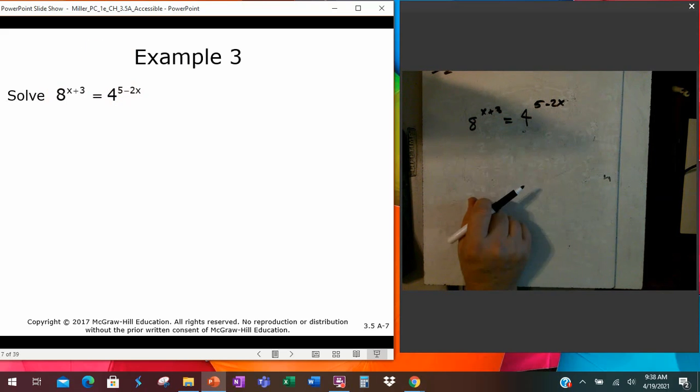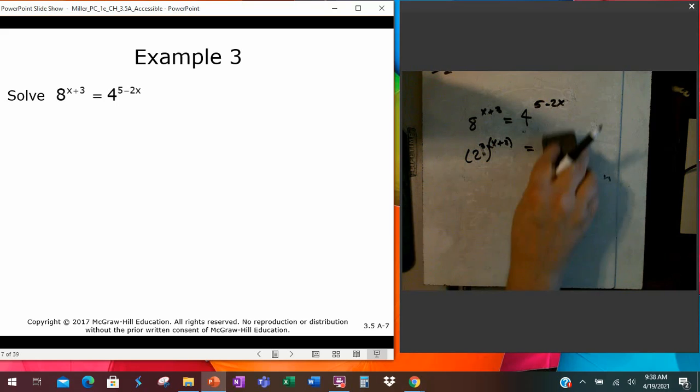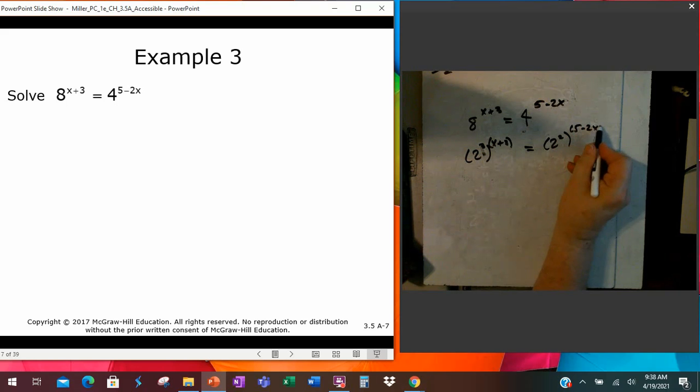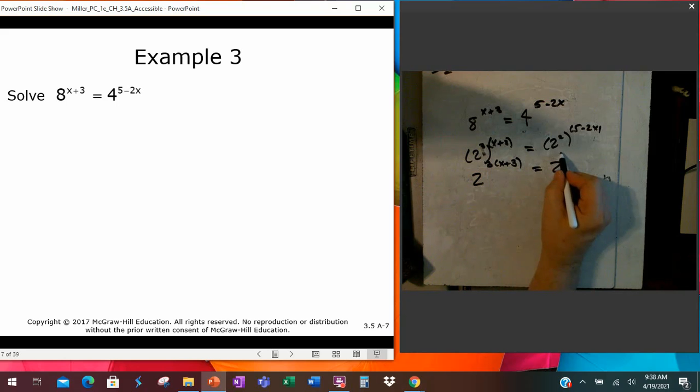So here I have 2 cubed to the x plus 3, which I put in parentheses, and 4, which is 2 squared. Now I'm going to do the very same thing: I multiply exponents. 2 to the 3 times x plus 3 is equal to 2 to the 2 times 5 minus 2x.